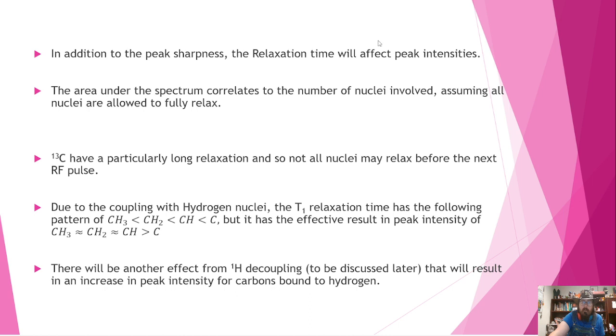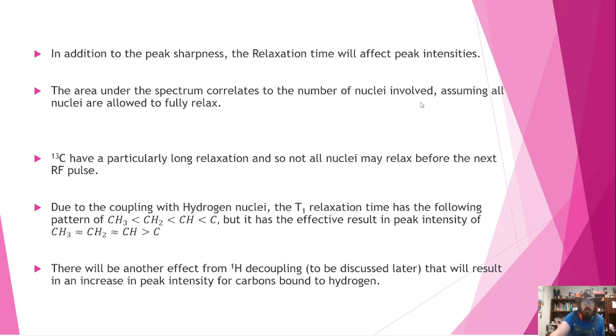Relaxation time will also affect intensities, because the area under the curve correlates with the number of nuclei involved, assuming all nuclei are allowed to fully relax. If all nuclei are allowed to relax, we're going to see a direct correlation: integration over the curve measures the area, and one hydrogen is going to be equivalent to another hydrogen.